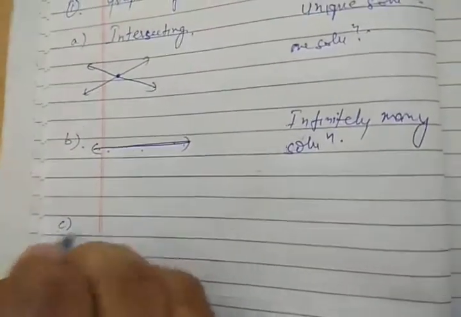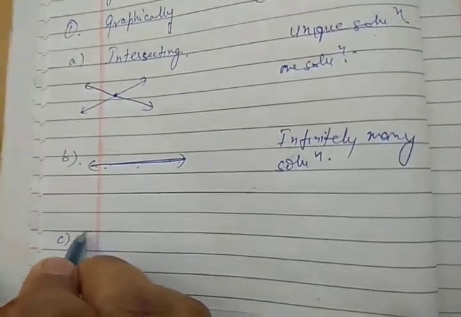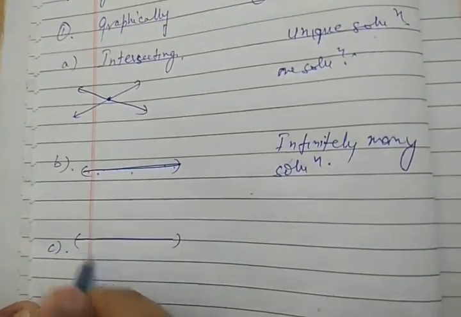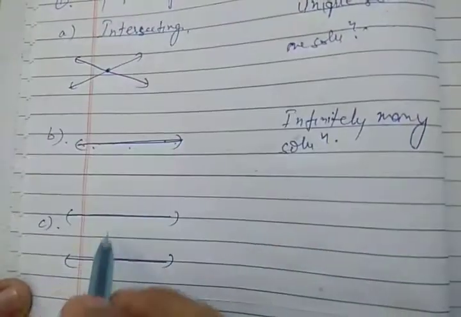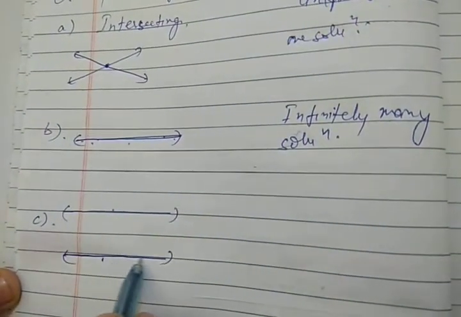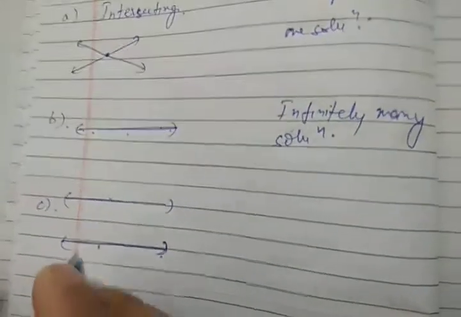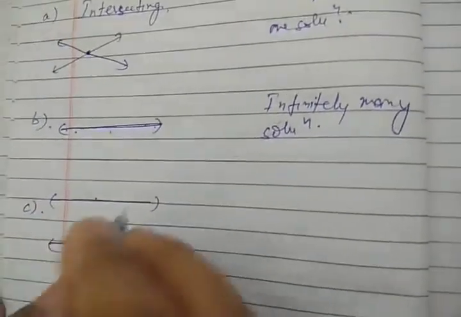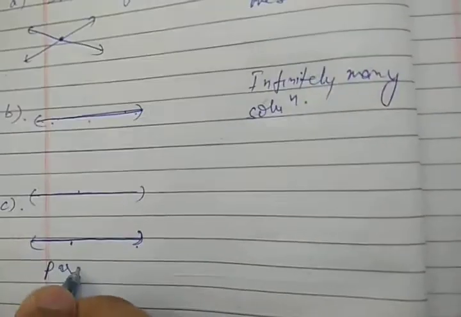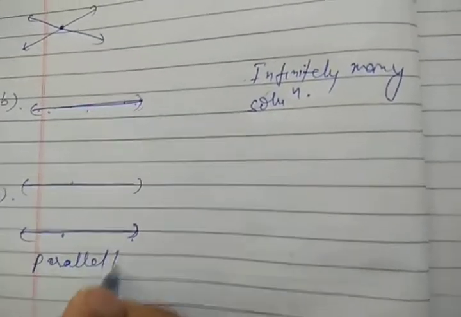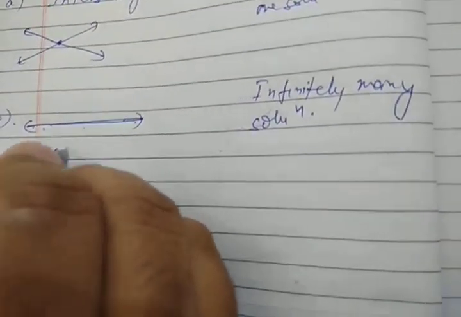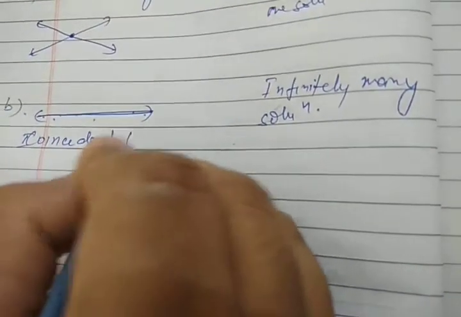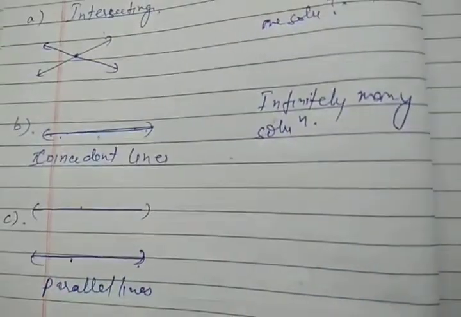The third condition is when both lines are parallel. This is the graphical interpretation. The lines will be like this. These are parallel lines, these are coincident lines, and this is intersecting.